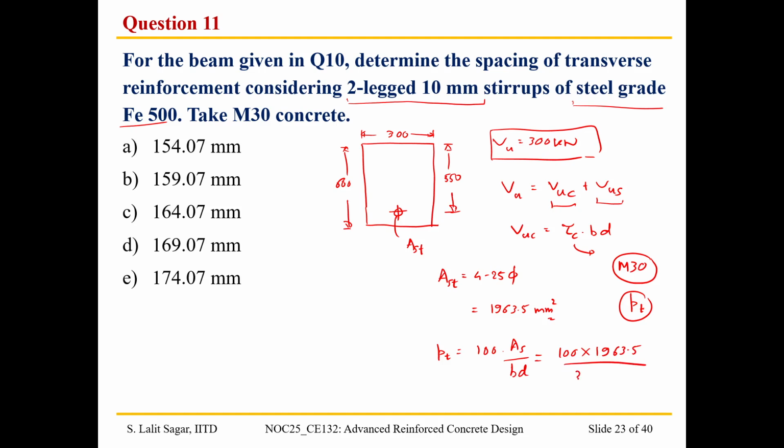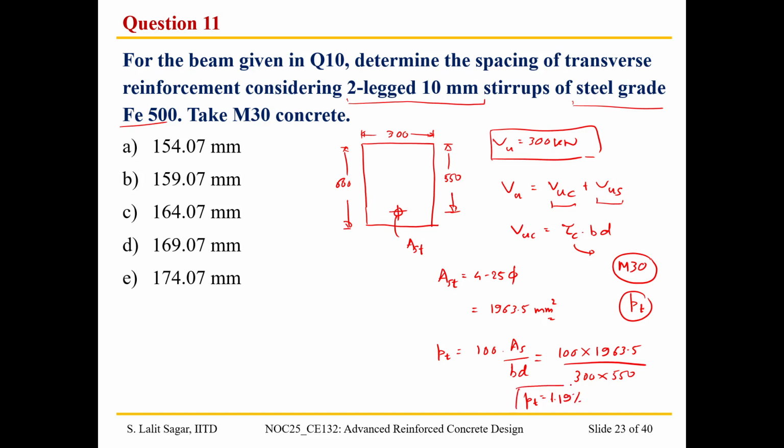B is 300, and please note that we are taking the effective depth, that is 550. So what is the value of PT we get? PT is 1.19%.